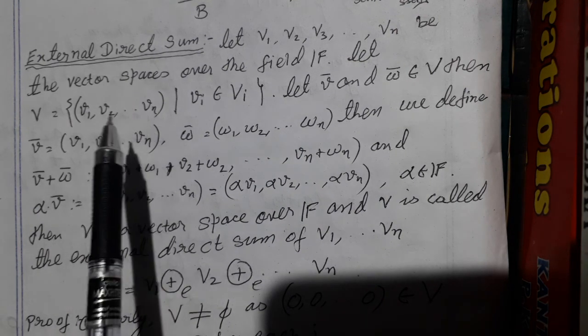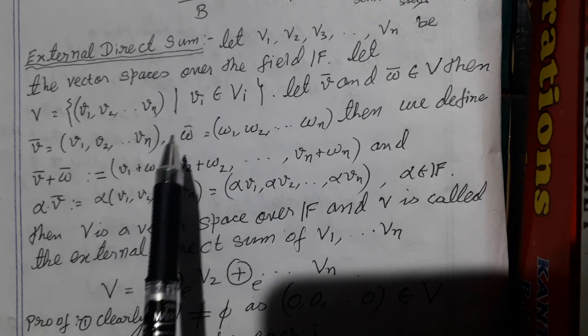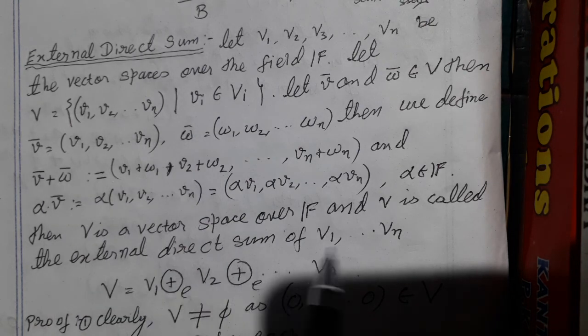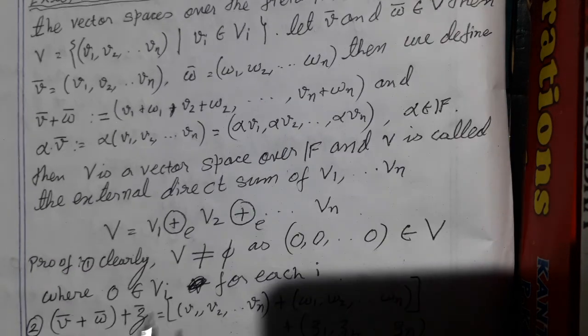Then we have to show that this V is a vector space over the field F, and this V is called the external direct sum of V1, V2, till Vn, given by V equal to V1 plus e V2 plus e, and so on, plus e Vn, where e denotes the external sum.